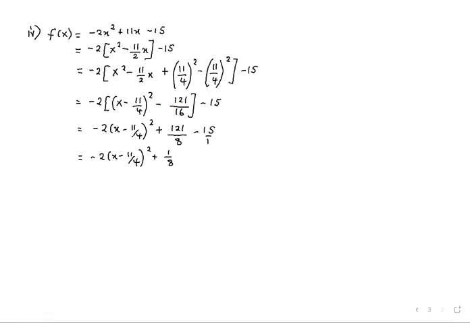It's like you're having -2 multiplied by a plus b. You say -2a minus 2b, is it? Now the a is what we have in the brackets, and the b is a -121/16. Oh. Yes.